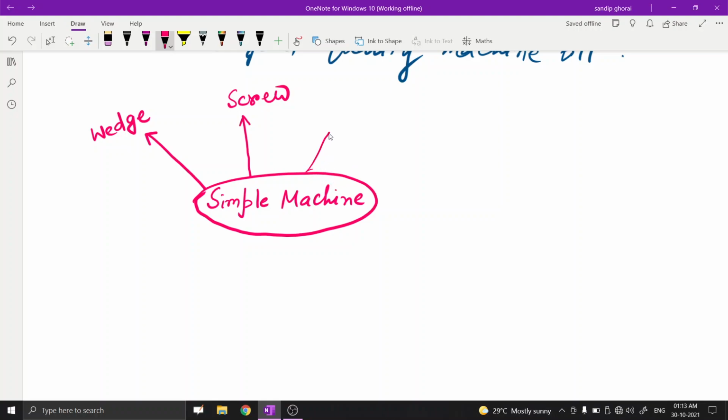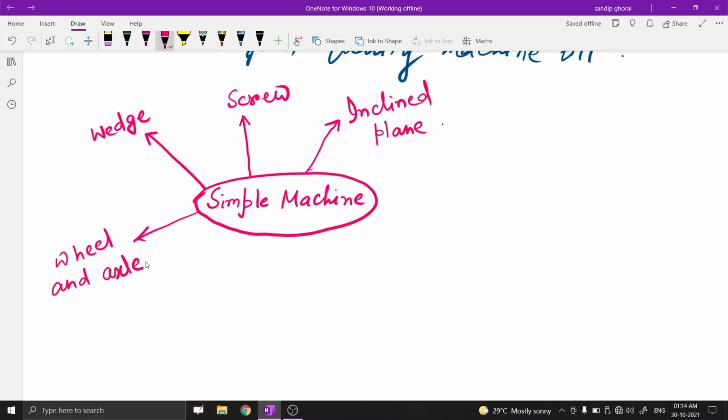The third one is inclined plane, the fourth one is wheel and axle, the fifth one is lever, and the sixth one is pulley.